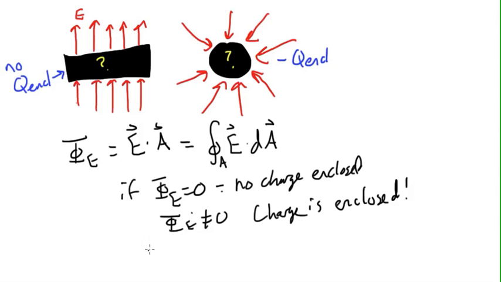So Gauss's law, formally written out, is the integral of E dot dA, and on the right side we have the charge enclosed, and then we just have this constant that makes all the units nice, epsilon naught.